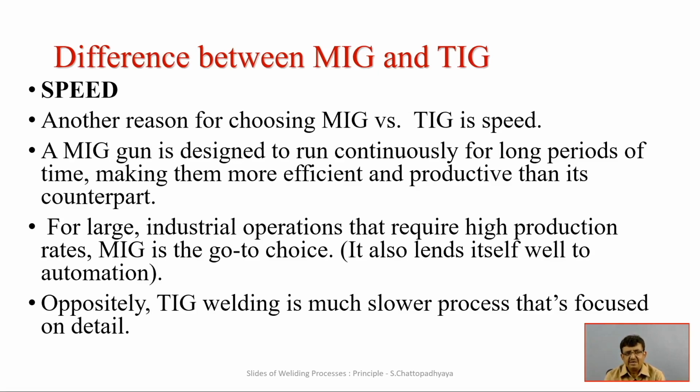It also lends itself well to automation. The MIG welding torch can be put on a robotic manipulator, and continuous automated welding is possible. Oppositely, TIG welding is a much slower process, and feeding is sometimes a challenging issue in comparison to MIG. So massive applications of TIG are limited.